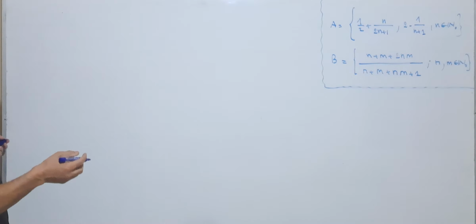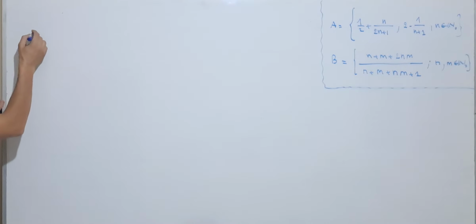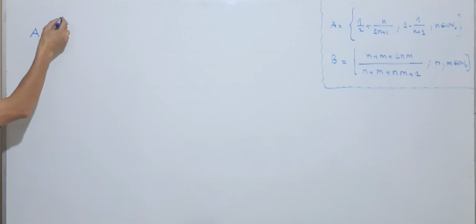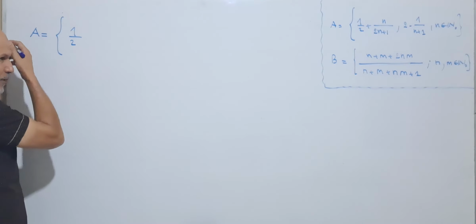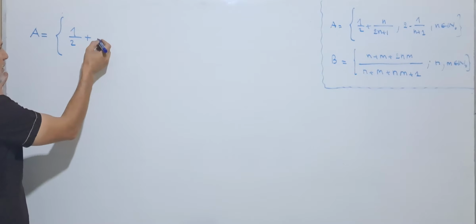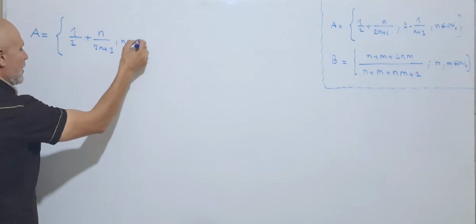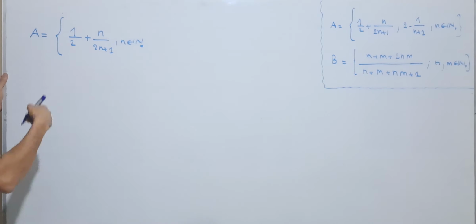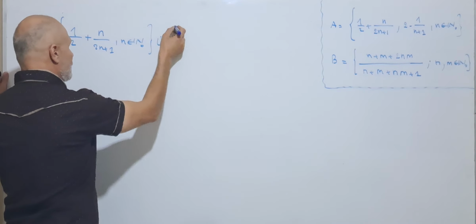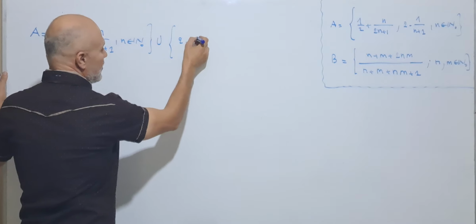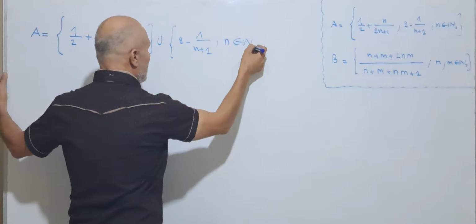For A, this was an exercise in the National High School of Mathematics, I think: A is the set of (23 plus n) over (2n plus 1), n belonging to N index 0, which means 0 is excluded, union the set of 2 minus 1 over (n plus 1), n belonging to N index 0.